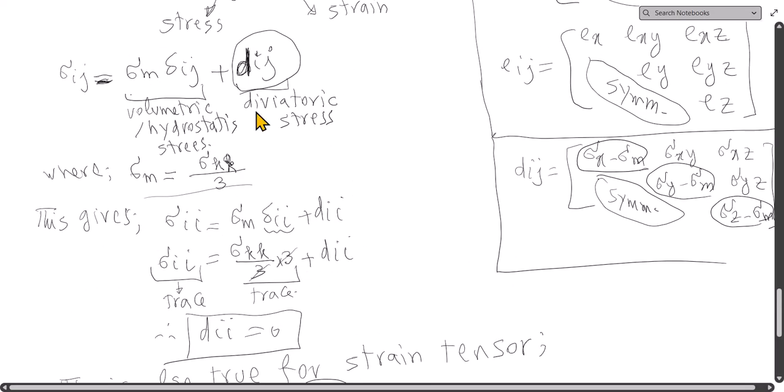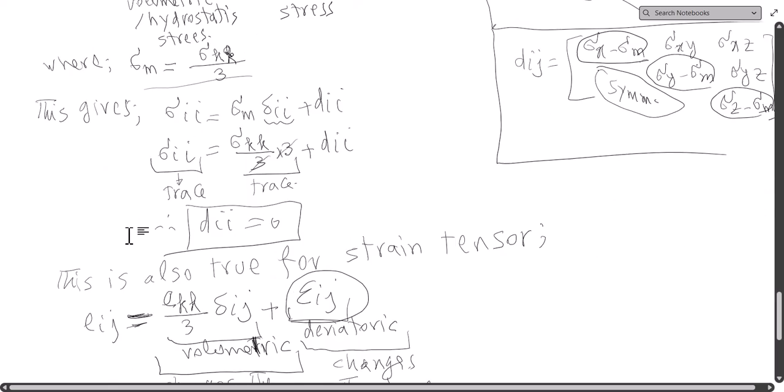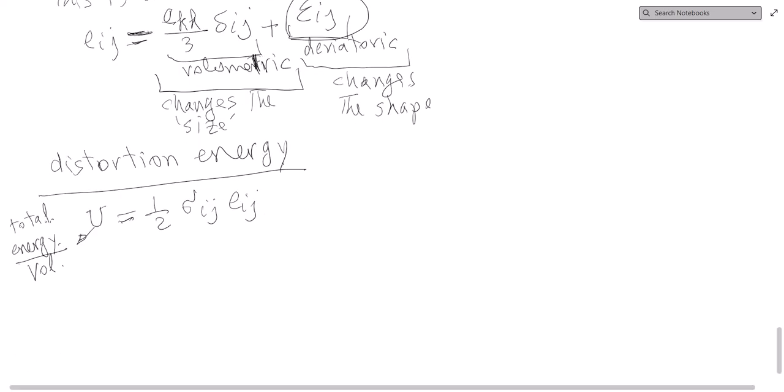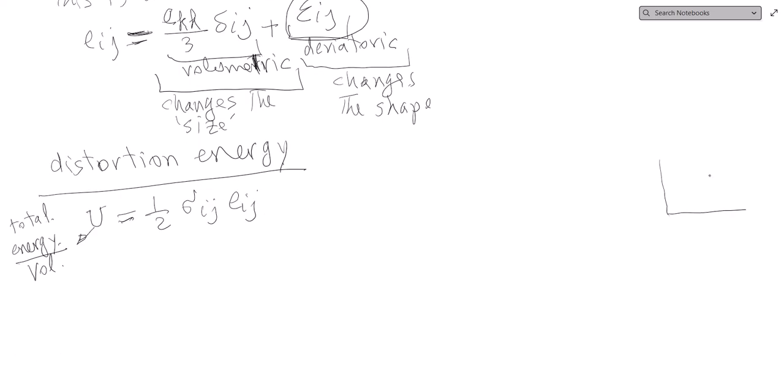I will get the distortion energy out of this, but if I multiply my stress by my strain, half of it, and this is very simple to see, in a simple spring, if you have sigma and epsilon, you will see that for linear we get this area. That's what we are talking about. This is the energy or strain energy. Okay.